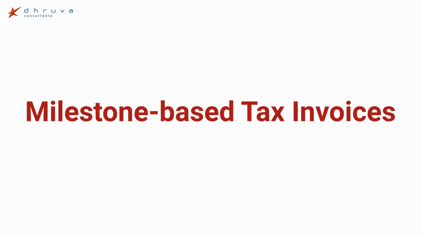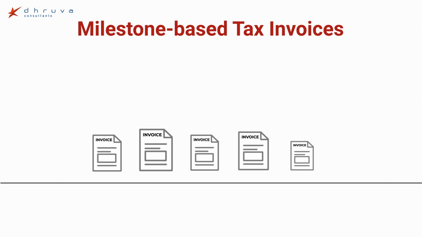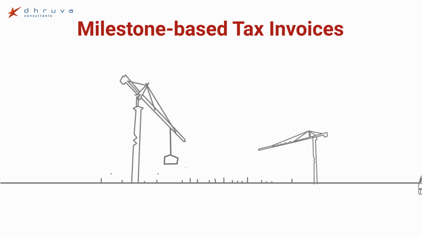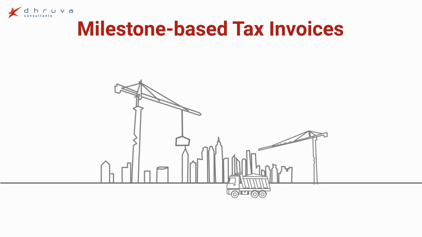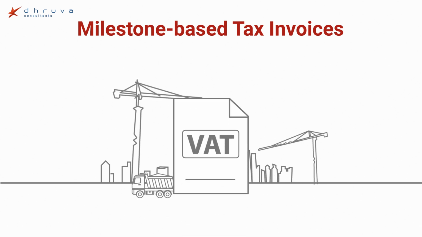Milestone-based tax invoices. Multiple tax invoices are issued for staged payments, which are particularly common in our clients in construction and real estate projects. These are subject to VAT, depending on the nature and classification of the real estate projects, with the tax due being based on payment milestones.